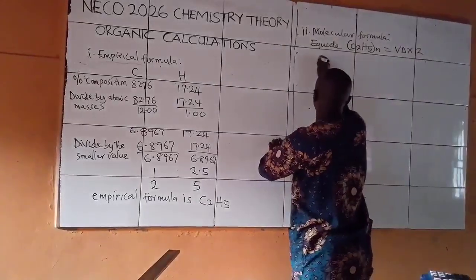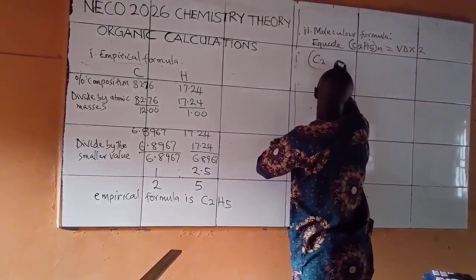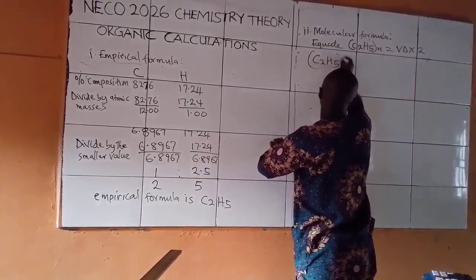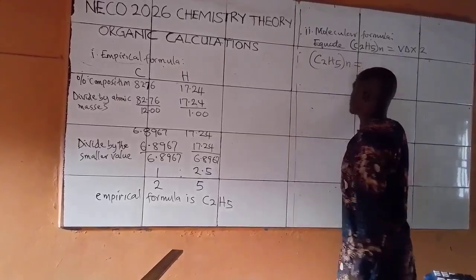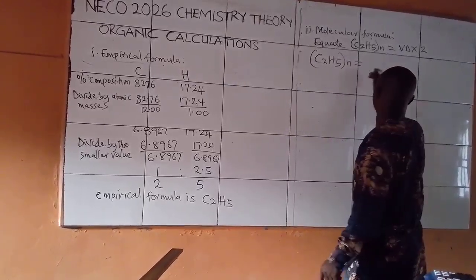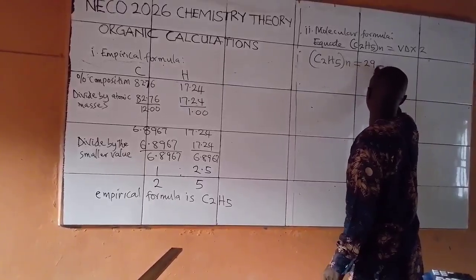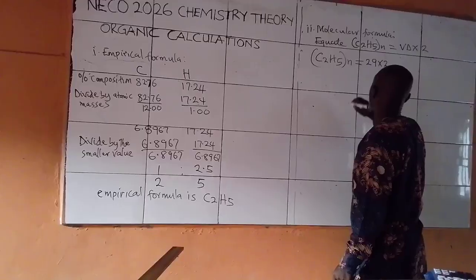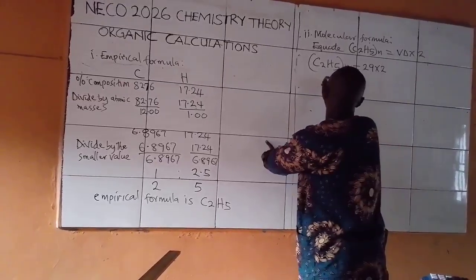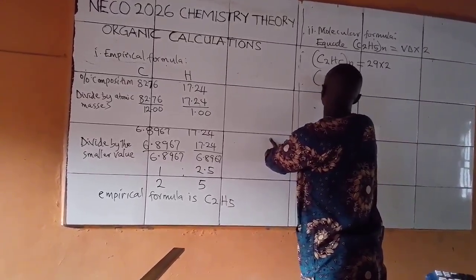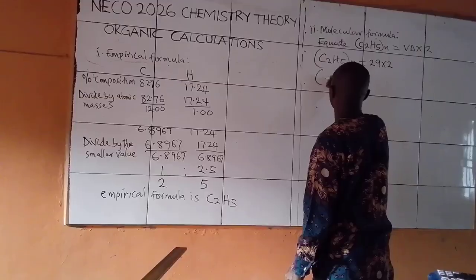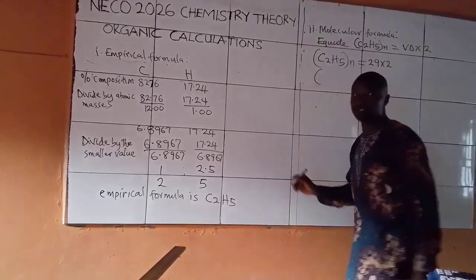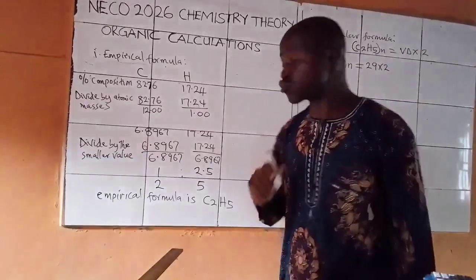So in this case, we now have C2H5N times n is equal to, now our VD based on the question is 29, then 29 times 2. So we now have C2. The atomic mass of carbon is 12.